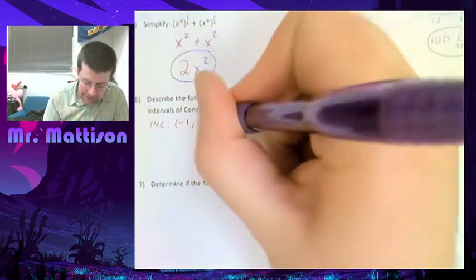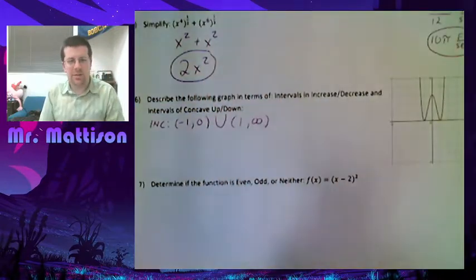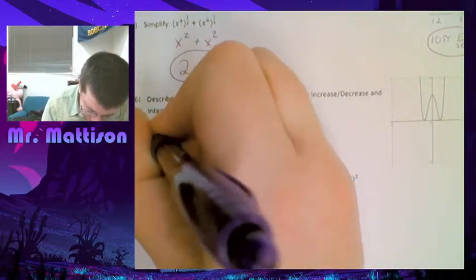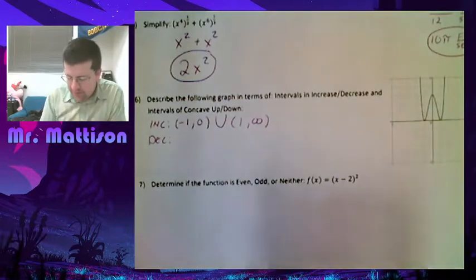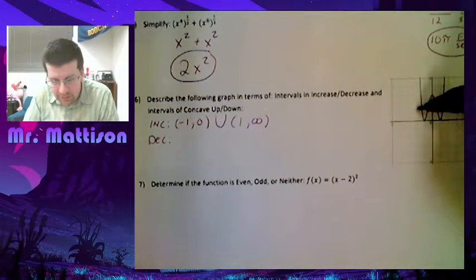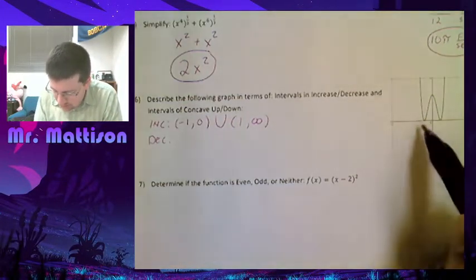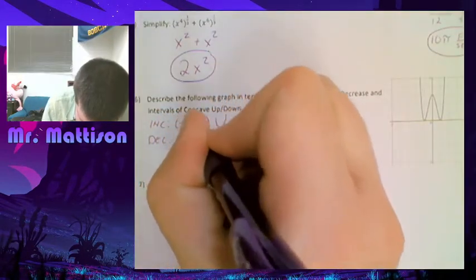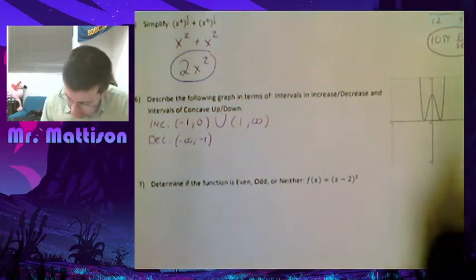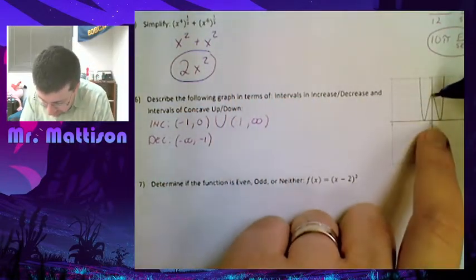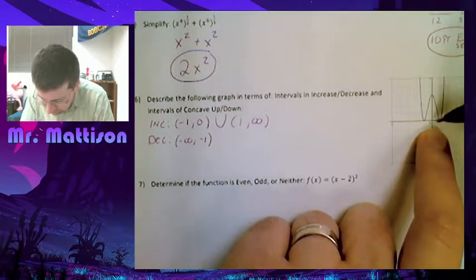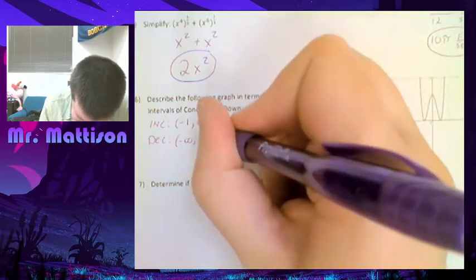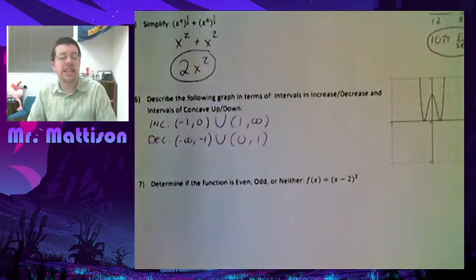We can technically put the big giant U there for a union, but we haven't really gone over that much yet, so don't worry about it. My intervals of decrease, well, that's going to be from -infinity all the way down till here, which is going to be -infinity till -1. And then I'm also decreasing from 0 to 1 under that interval. And those are my 2 intervals of decrease.